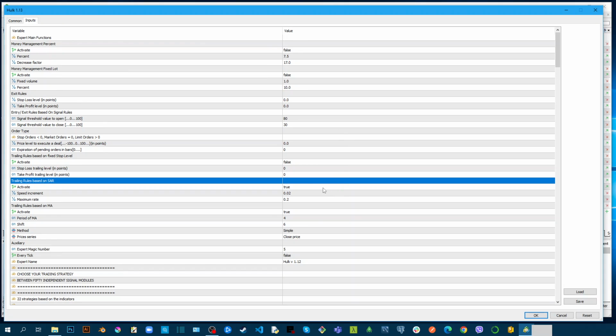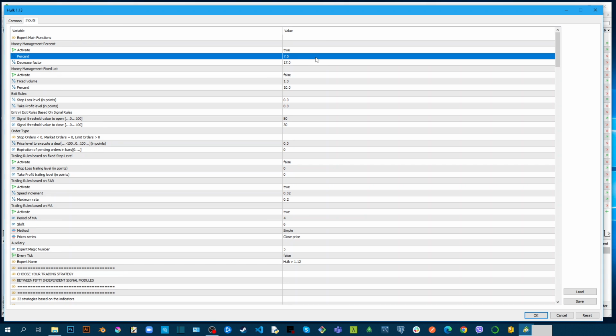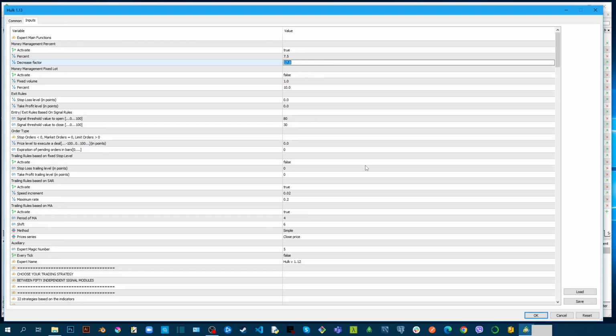And for example, if we want to use one of these systems on the top, simply click here to activate, for example, the first system, money management system, and choose how much percent you want to risk from your initial balance. Then the second input is decrease factor.